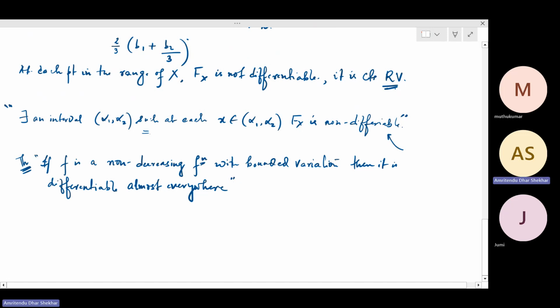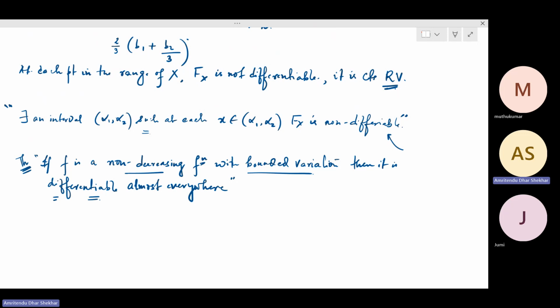A CDF satisfies this, because the CDF is a non-decreasing function. It has bounded variation, and therefore it is differentiable almost everywhere. So the answer to what you're asking is yes.